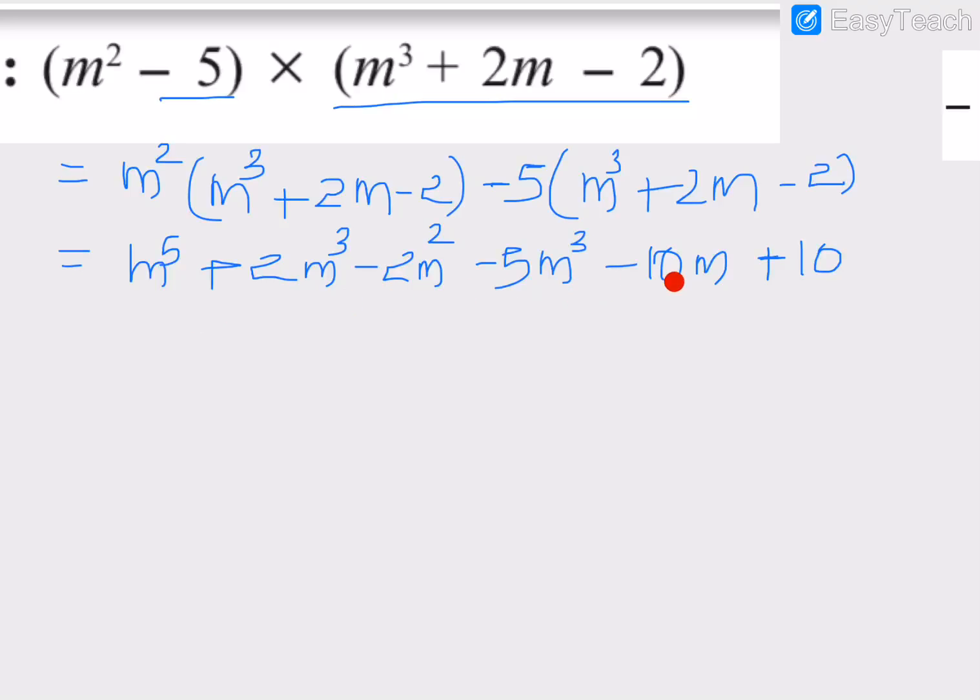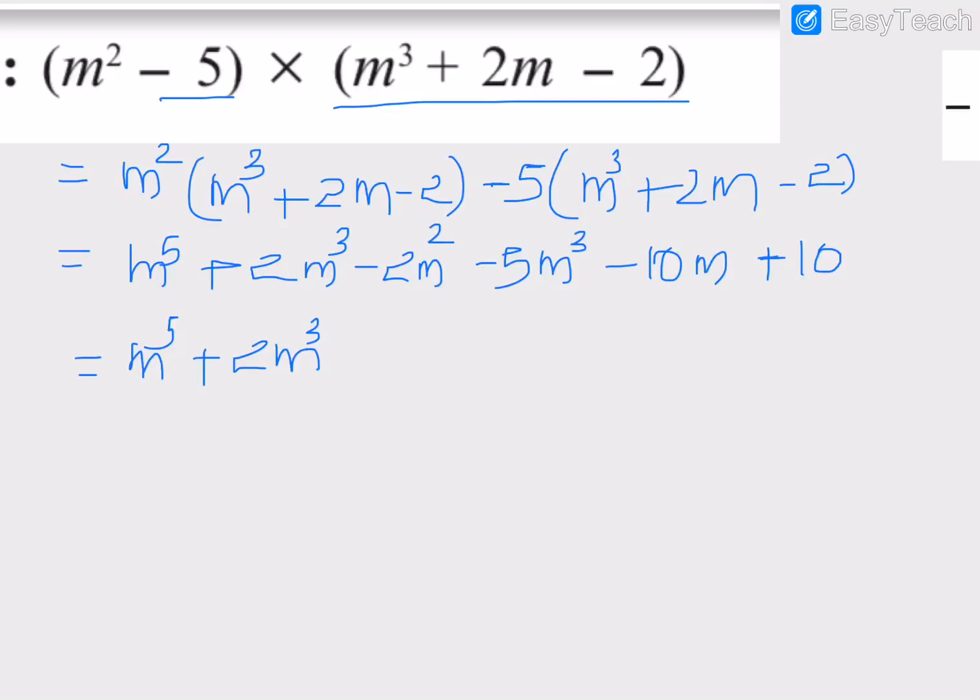Now we have to arrange the like terms. All the like terms will be together, so that we can do the solution. So m raised to 5 is the first term, so there is no other m raised to 5 term, so we are going with the next term, 2m cube.